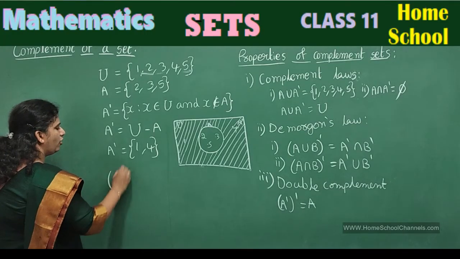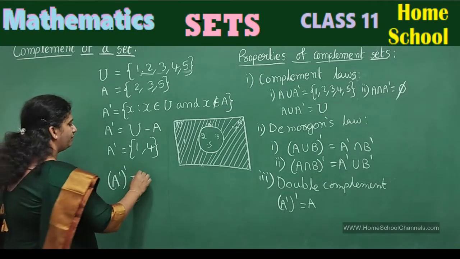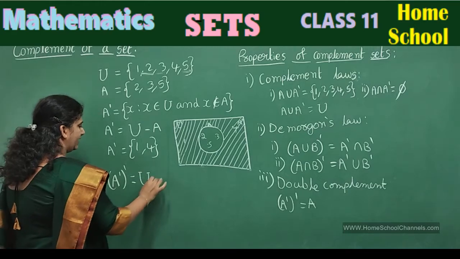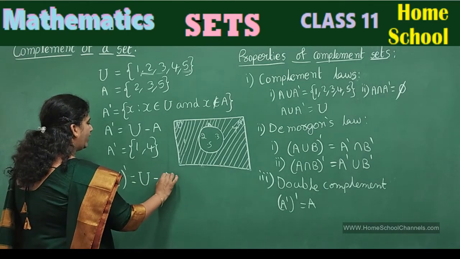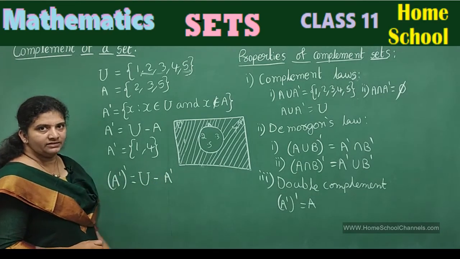A complement whole complement is equal to the universal set; you need to remove A complement elements.